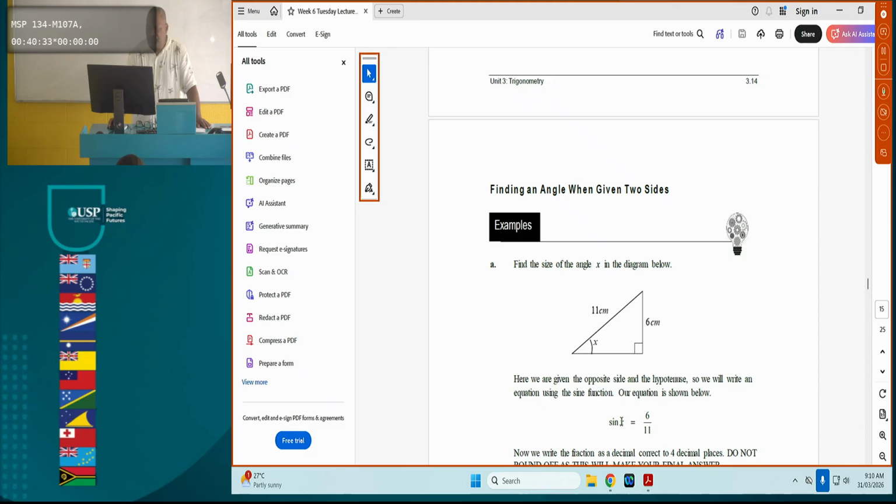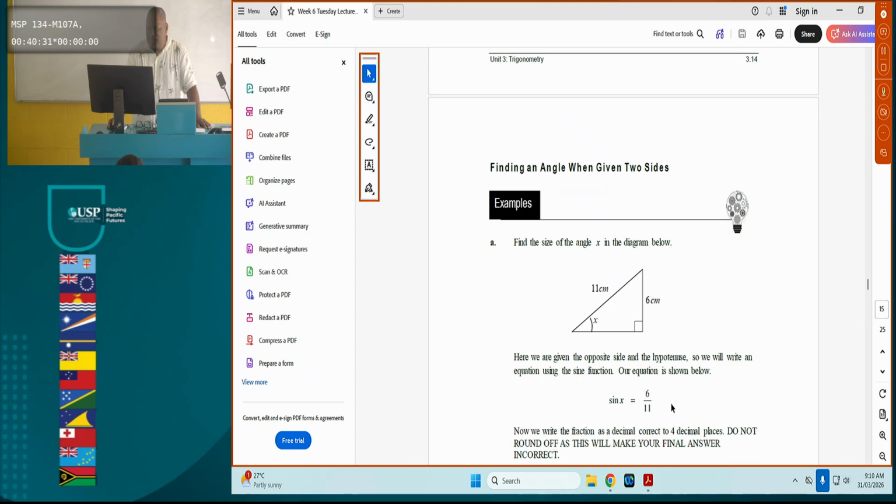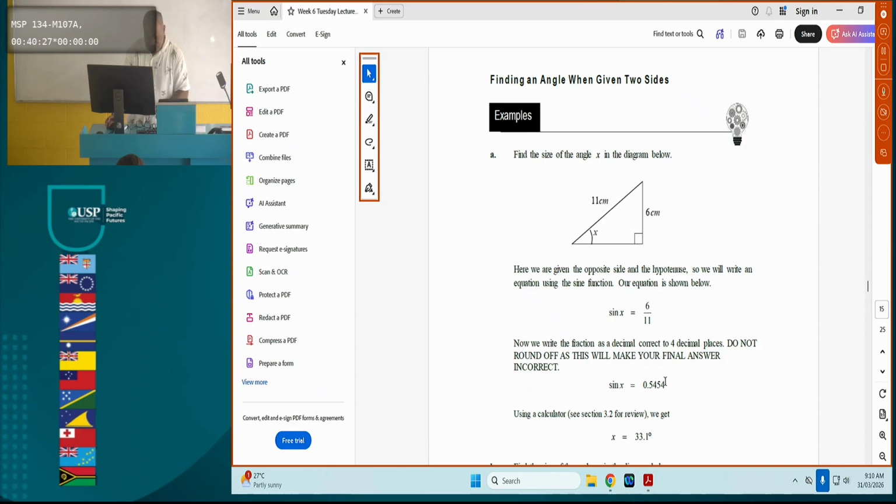So if I move the sine function to the other side, we can do this. Sine x equals 6 over 11.